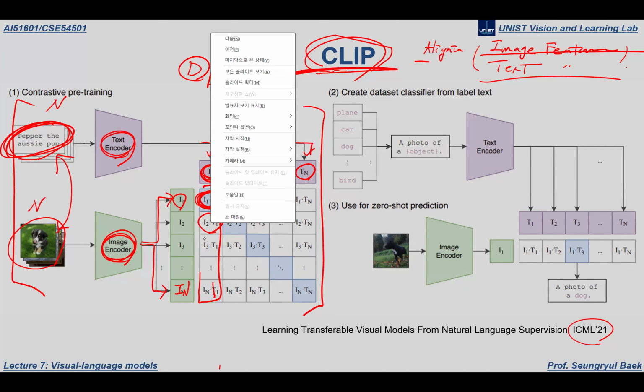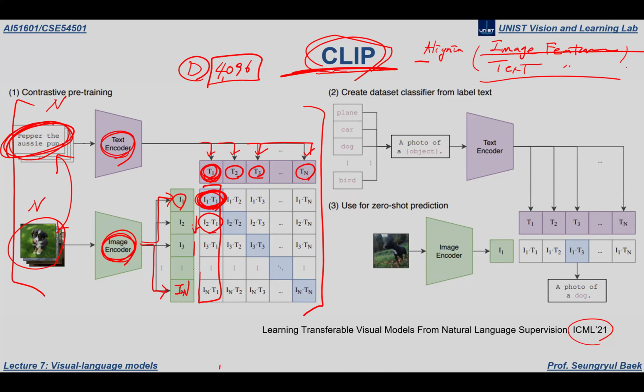So all other pairs have to be minimized, and only the diagonals describe the correct image and text pairs. So we are applying loss functions which maximize the diagonals and suppress all other entries, okay?